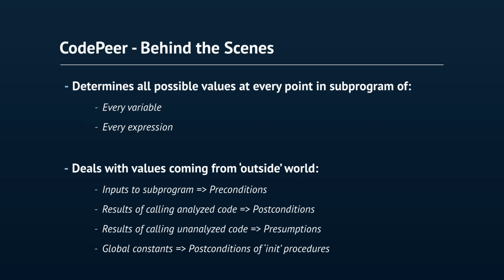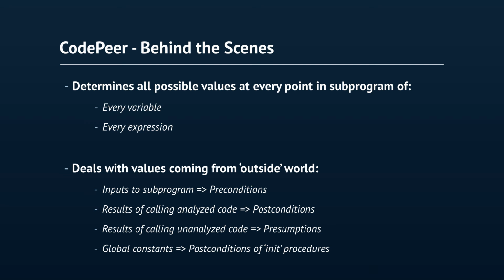We call them presumptions. You're presuming that this routine returned a value that had these properties. If you call a function and it returns a pointer and you immediately dereference that pointer, you're obviously presuming that the pointer is non-null. Other kinds of assumptions like that are all documented for you in the area we call presumptions, and I'll show you an example of that in the demo.